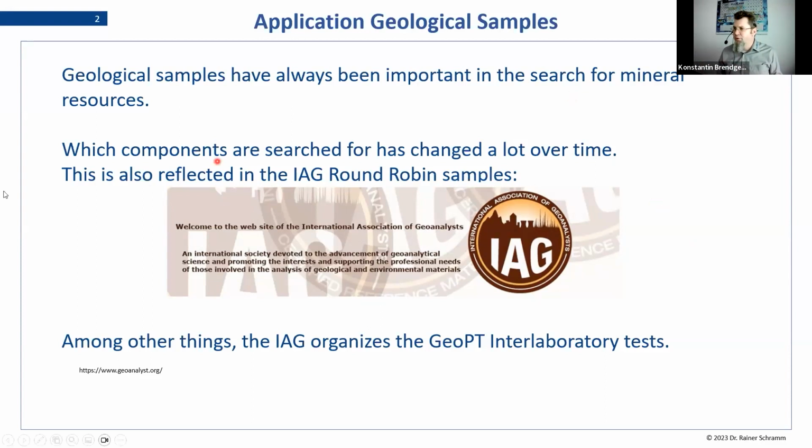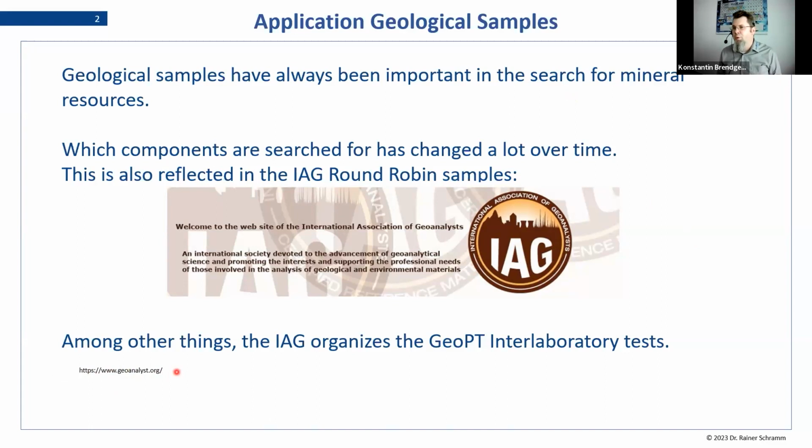I just want to give you a recommendation. There is the IHG, the group that you can find in this link here. And they organize, amongst a lot of other things, regular round-robin interlaboratory tests.